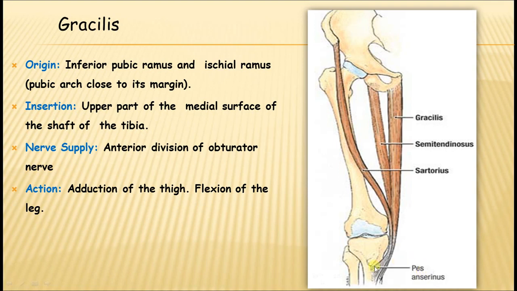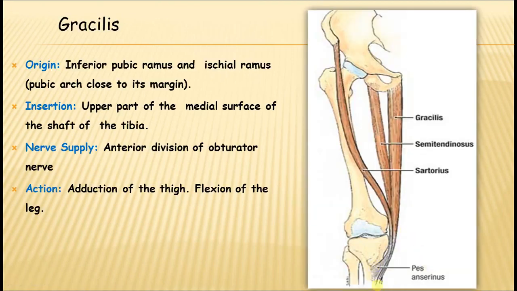That is why it is called the pes anserina, and they also form guy ropes. What are guy ropes? I will be discussing that in the posterior compartment. They are stabilizing your hip on the lower limb, so that is why they are called guy ropes.